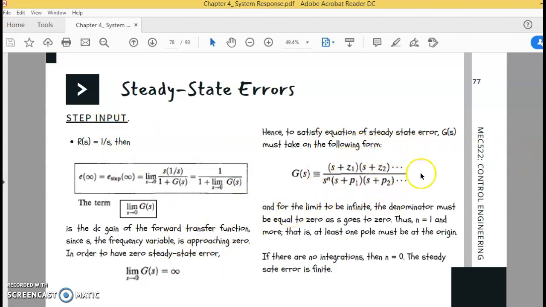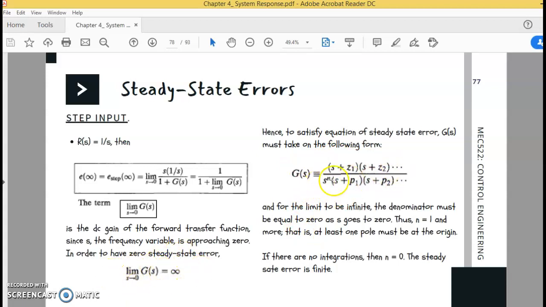To get G(s), we have this form, where you can see s to the power of n. This n we call the type. For step input, if n equals 1 and more, this system G(s) will be infinity.